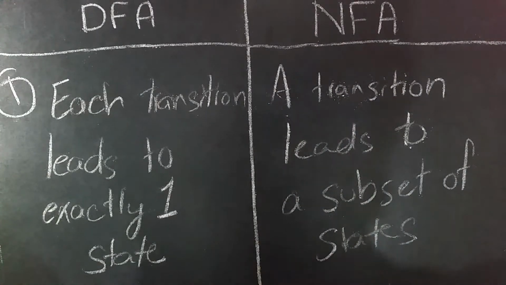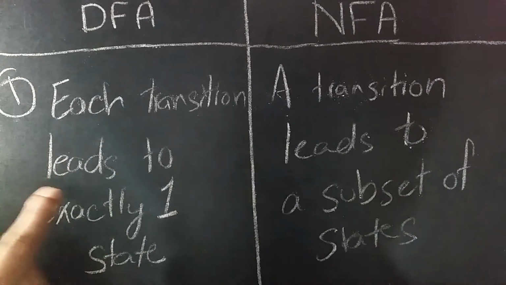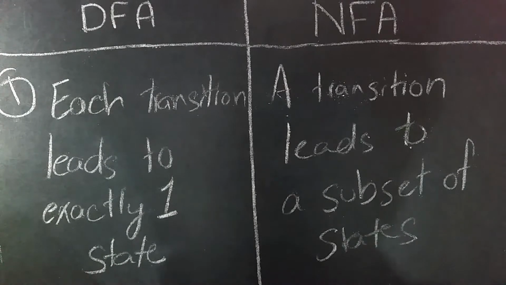Leading from this difference, we can also find out the transition function. Since in DFA each transition leads to exactly one state, and here each transition can lead to a subset of states, this would be reflected in the transition function.